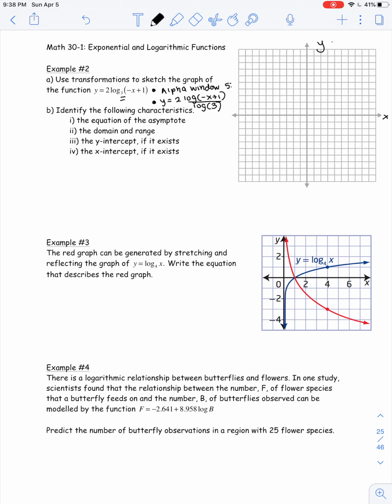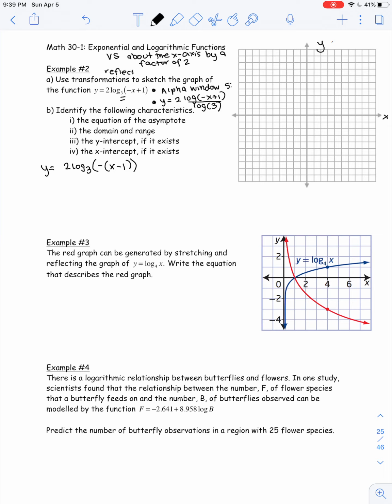Okay, so going to your graphing calculator, let's sketch what this looks like. But we also want to talk about the transformations that are occurring. So here we have a vertical stretch about the x-axis by a factor of 2. Also, we want to rewrite this because 2 log base 3, we're going to have to factor out the negative. So that's always an important thing, is factor out whatever's in front of x if you really want the correct answer.